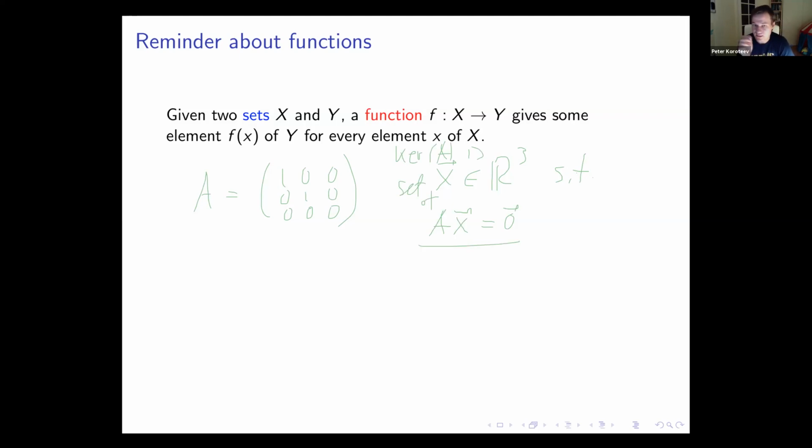So it's a subset of the domain whose image is equal to 0. So in this example, the kernel of this matrix is the span of the vector 0, 0, 1.